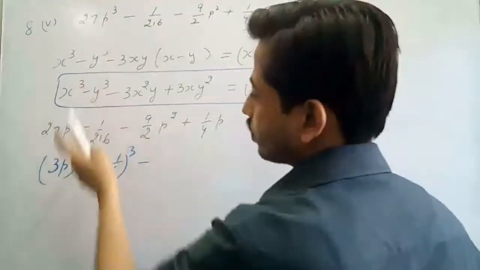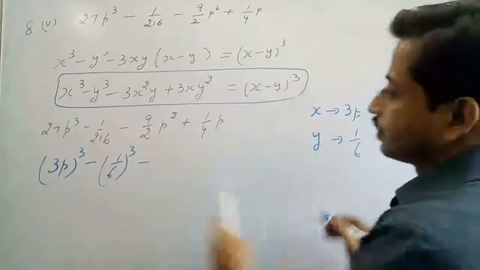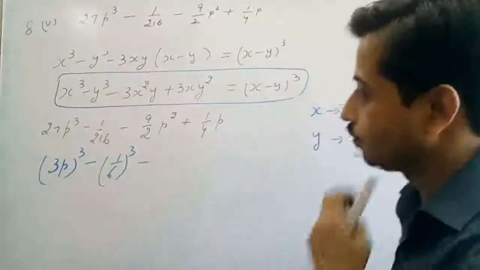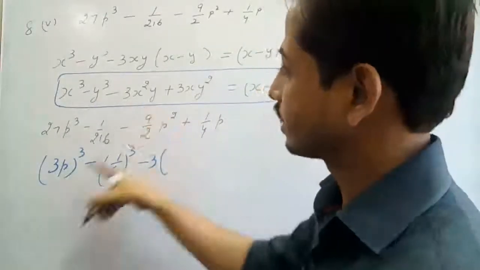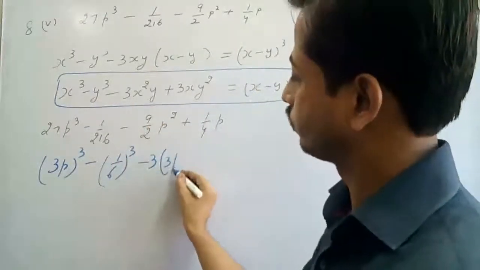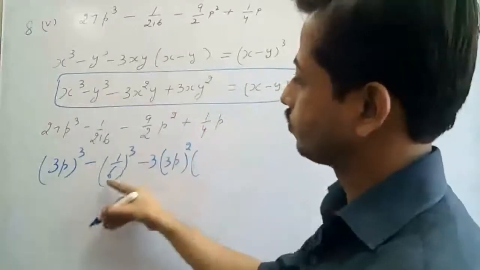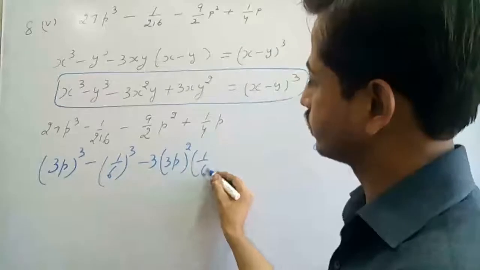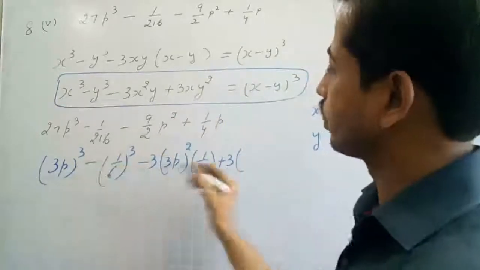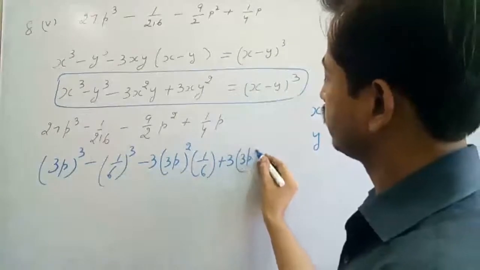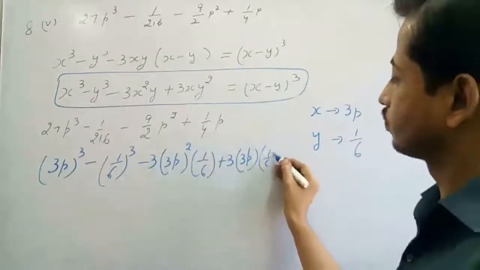Now the second term is y. y is what? 1 by 6. Now apply according to this format, 3 into x. x is what? 3p. And this is square into y. y is 1 by 6 plus 3 into x, x is what? 3p, and y square. y is what? 1 by 6.